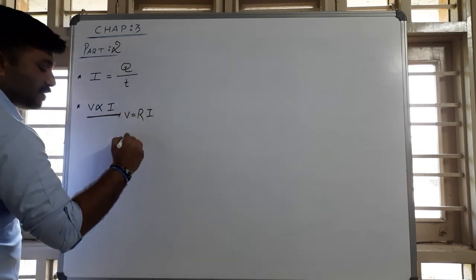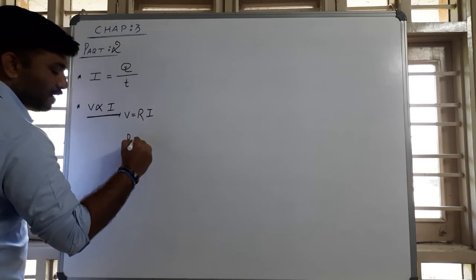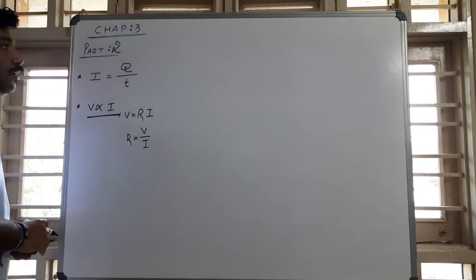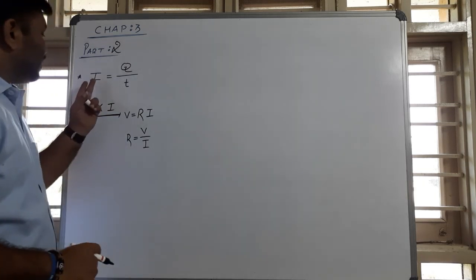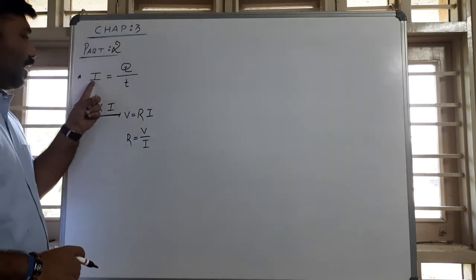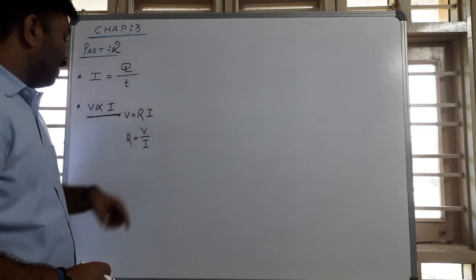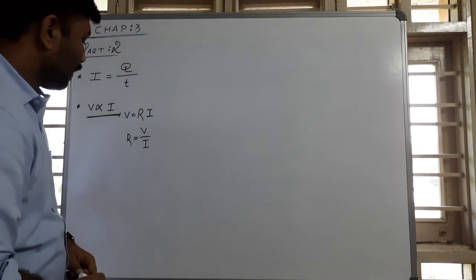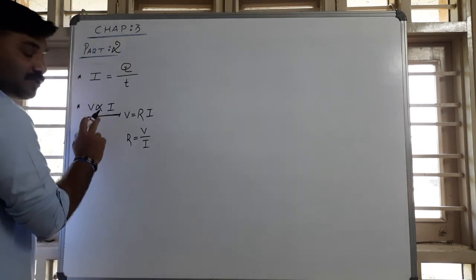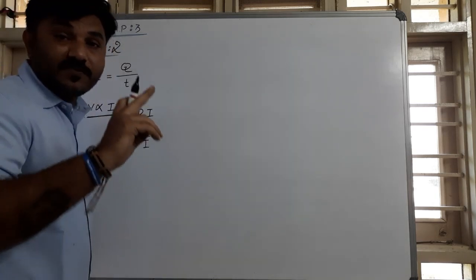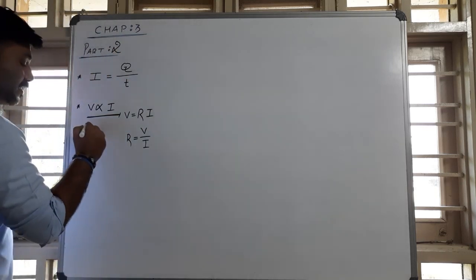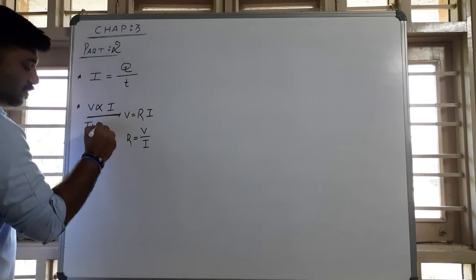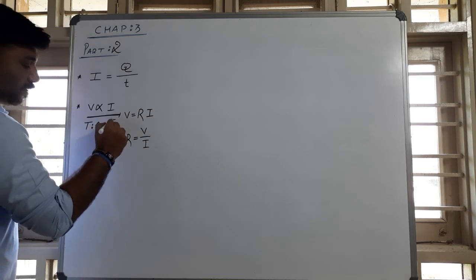R is known as resistance. R is equal to V by I. So, only two definitions we have to remember: I is equal to Q by t and R is equal to V by I. This is Ohm's law. Under fixed physical condition, which condition? The temperature of a conductor is constant.